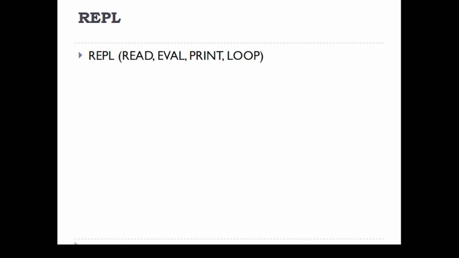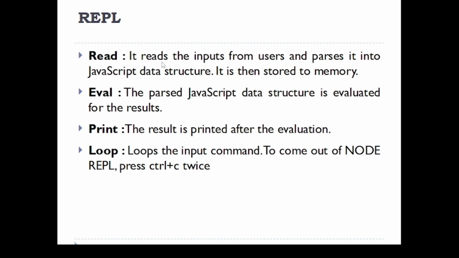So let's break it down. When we talk about read, it will read the input from the user, parse it into a JavaScript data structure, then store it in memory. Later, that parsed JavaScript data structure is evaluated for the results. Then that result is printed after the evaluation.